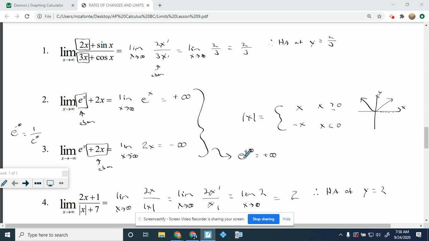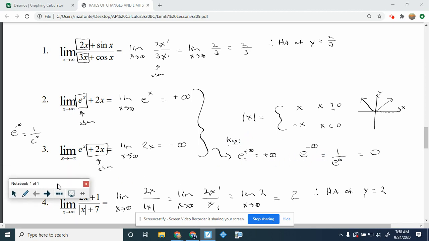I cringe a little bit when I write this, but hopefully you get the idea. e to a very big positive number is a very big positive number, but e to a very big negative number is just going to be 0. And you're like, why? Well, again, property of negative exponents. That really means 1 over e to a big positive number. 1 over a huge number is a small number. So these are two key components that you're going to see embedded in other problems. All right, so that's the takeaway. Good stuff. Talk soon.